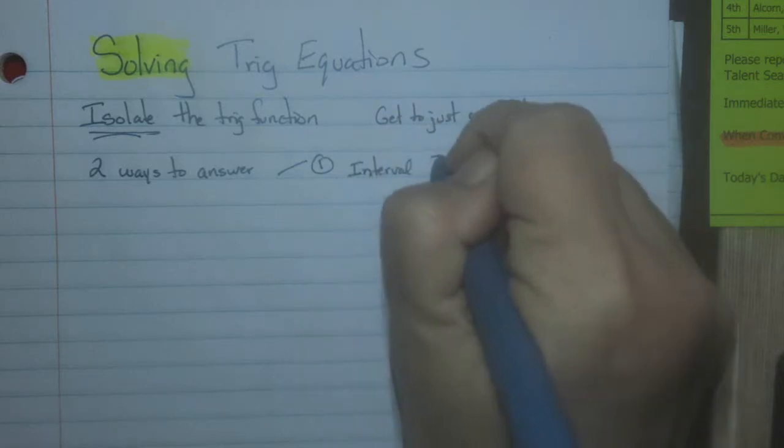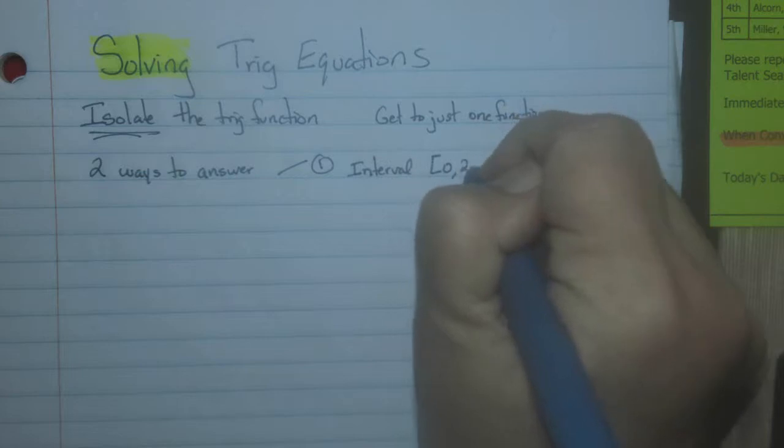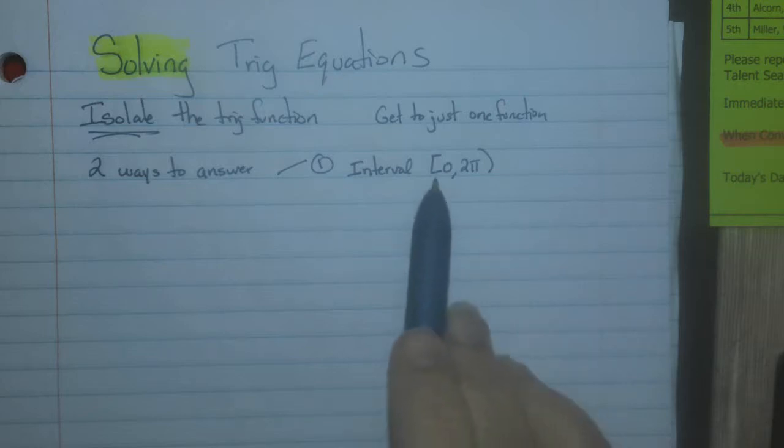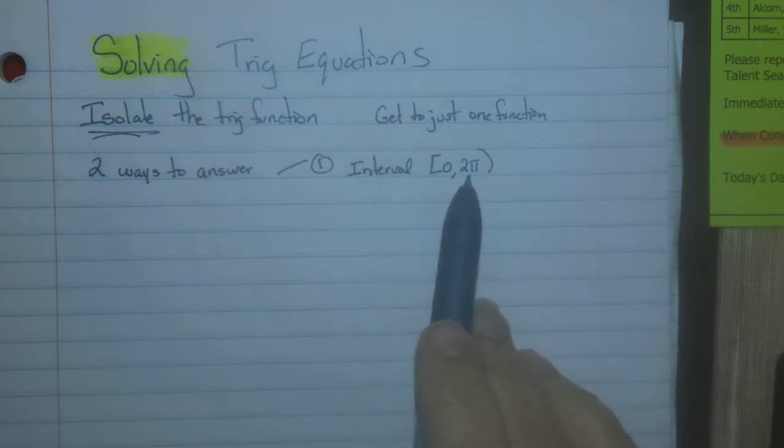And typically that interval is from 0 to 2 pi. The reason is that's a period length for cosine, sine, secant, and cosecant. Now notice there's a bracket on the 0, so the 0 is included. And there's a parenthesis on the 2 pi, so the 2 pi is not included.